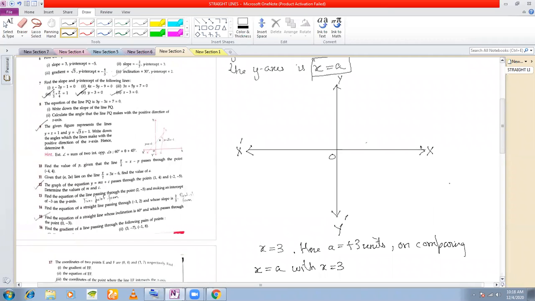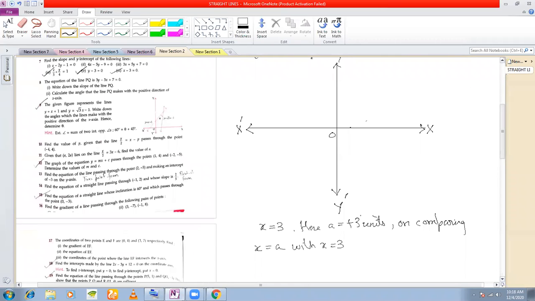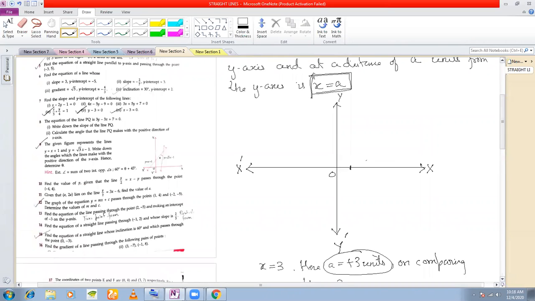Now we want to sketch this straight line. Any straight line of this form, x is equal to something, will always be parallel to the y-axis. So you take 3 units distance because a is plus 3 units. Take 3 units in the positive direction of x, and draw a straight line parallel to the y-axis.